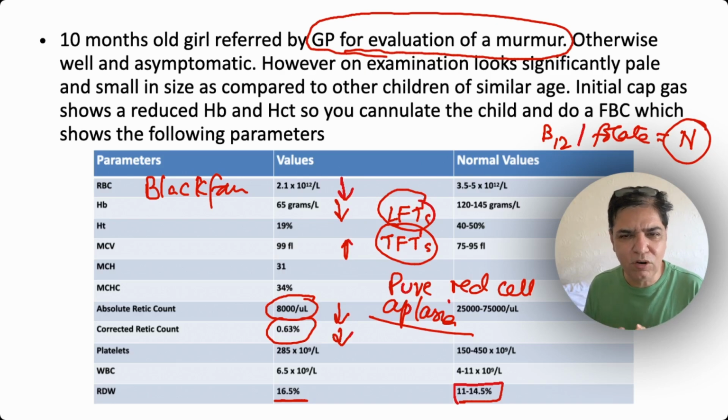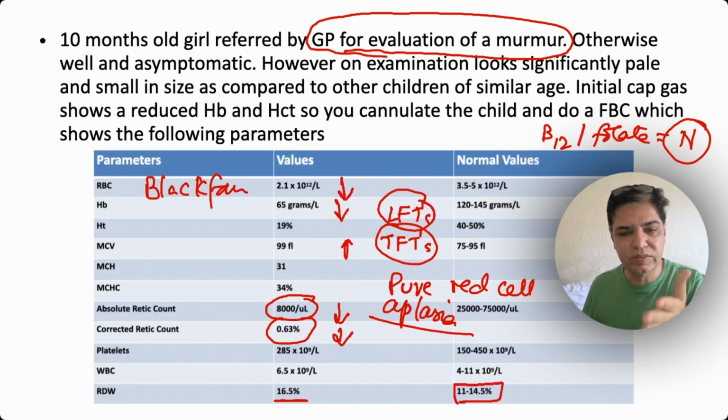So then we are thinking of the genetic things that might translate into anemias at this young age. So genetic syndrome, either it could be Fanconi anemia or it could be Blackfan Diamond anemia. As I told you, they have a lot of overlap between one another. But one simple fact that differentiates Blackfan Diamond from Fanconi is pancytopenia.